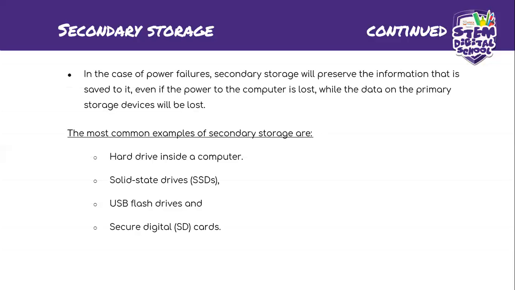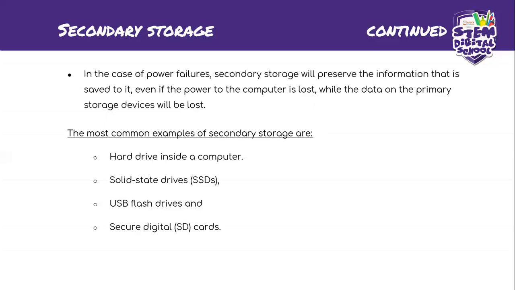While the data on primary storage devices will be lost. With primary storage, once the power is off, the data is lost. But with secondary storage, data will not be lost. The only way that data can be removed from secondary storage devices is by deleting.